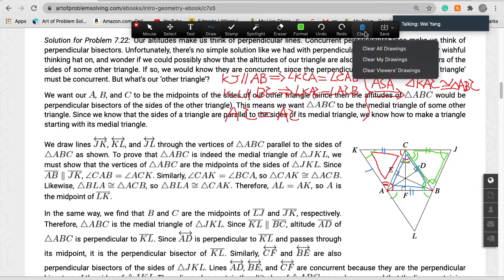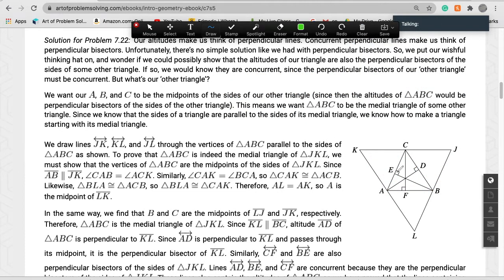So now let's say first I'd like to show you how we prove the triangle ACB is also congruent with triangle BCJ. Okay, say first, because we can write here KJ parallel with AB.